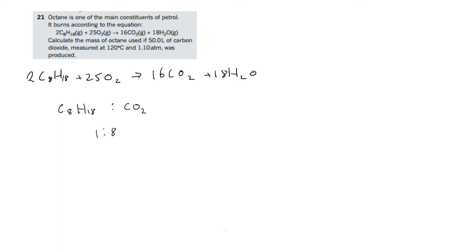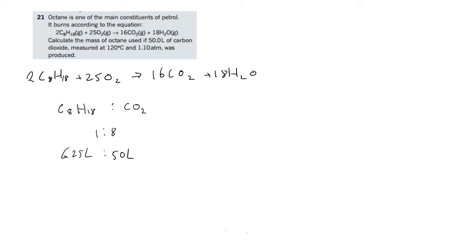Therefore, if 50 liters of carbon dioxide was produced, then 50 divided by 8, which is 6.25, so 6.25 liters of octane was used.